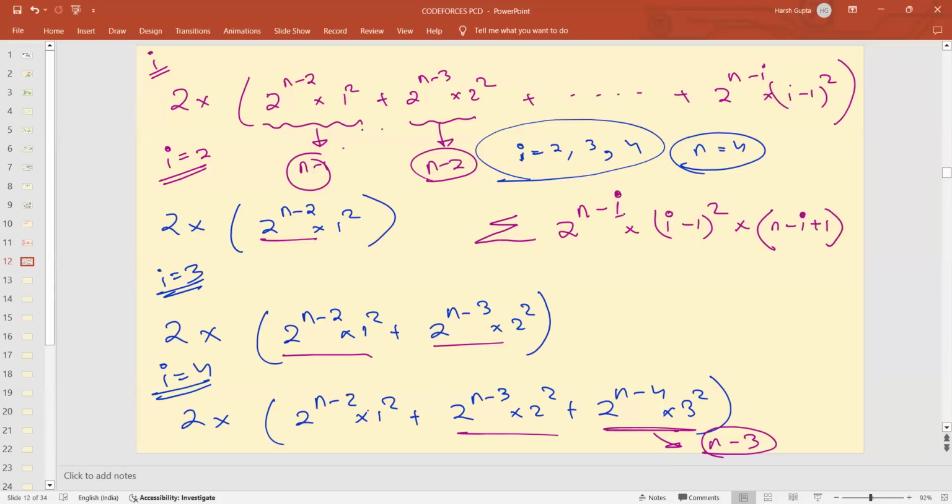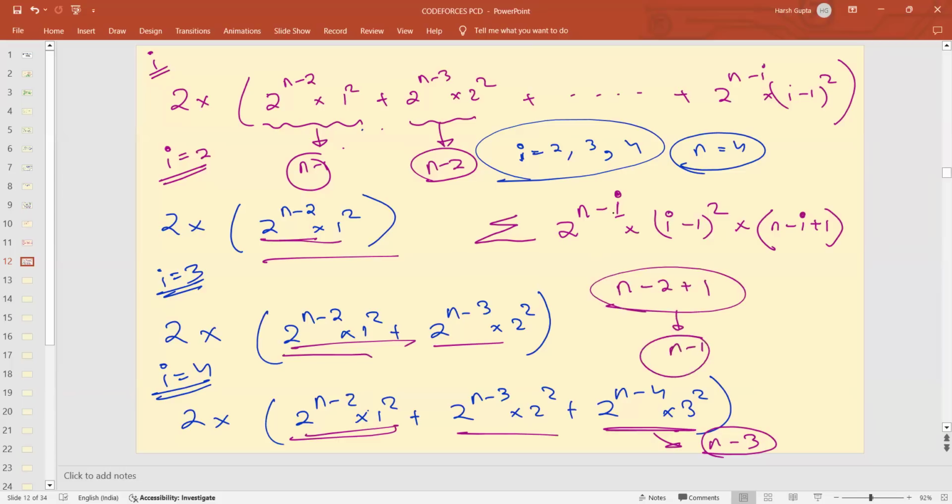That is, if the value of I is 2, how many times did we get this term? N minus 1 times, that is 3 times. So that value will be nothing but n minus 2 plus 1, that is n minus 1. So every term 2 power n minus I is coming n minus I plus 1 times. So we need to calculate this value with I ranging from 2 till n.